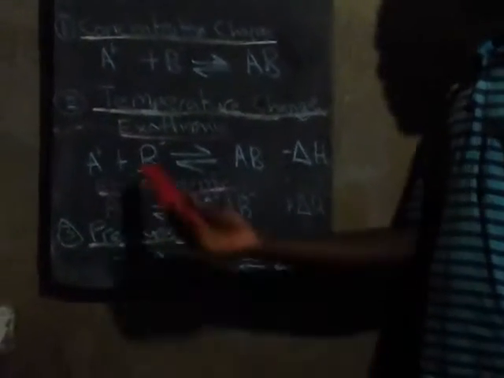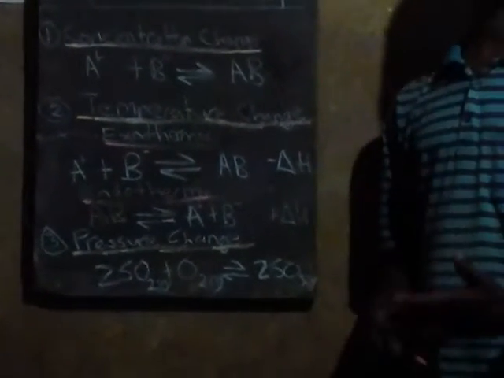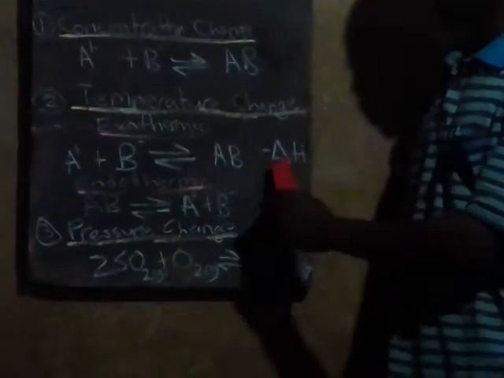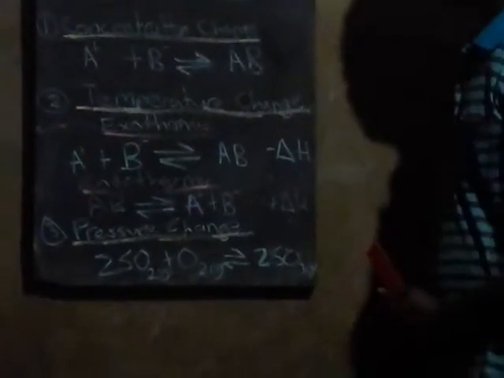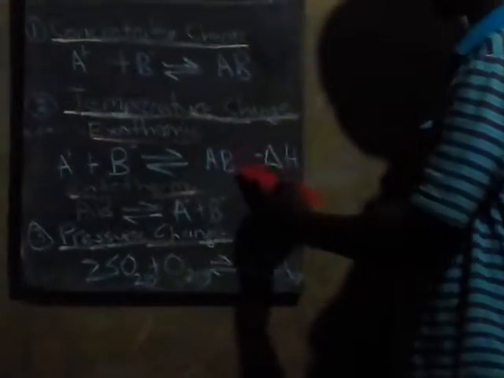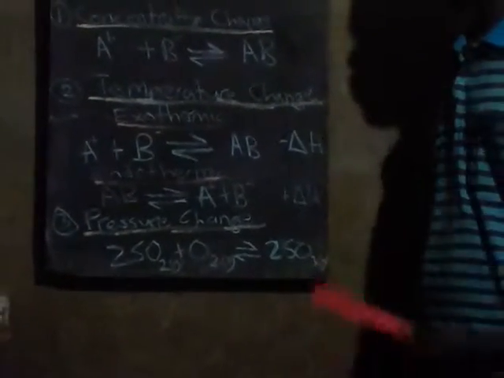Okay, let's say it's an exothermic reaction. An exothermic reaction is a reaction which releases heat into the environment, hence it has a delta H negative. So let's say this reaction of A plus B to give us AB is exothermic. That means it releases heat into the environment.